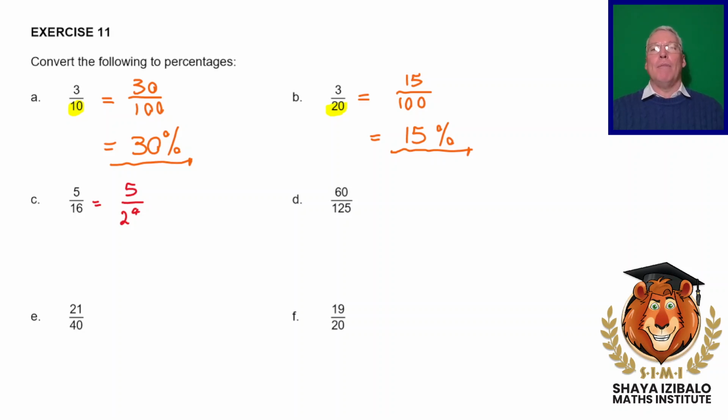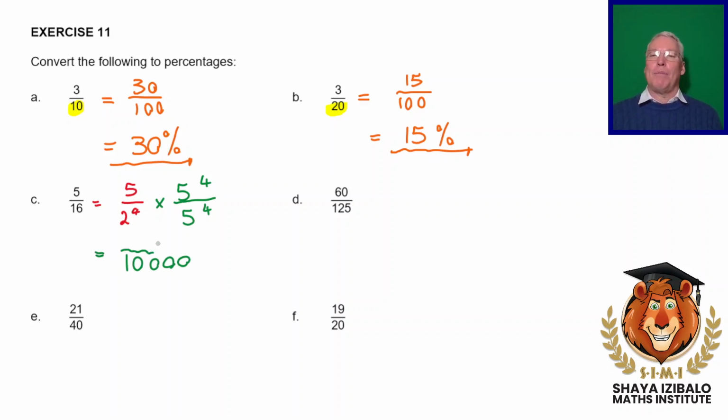And if we do that on the bottom, we must do that on the top. So we get 5 to the power of 4 times 5 to the power of 4. On the denominator, we're going to get 10 four times, in other words 10,000. And on the numerator, we've now got 5 to the power of 5.